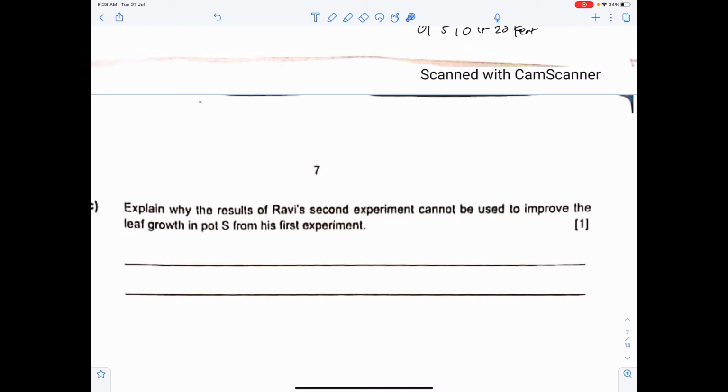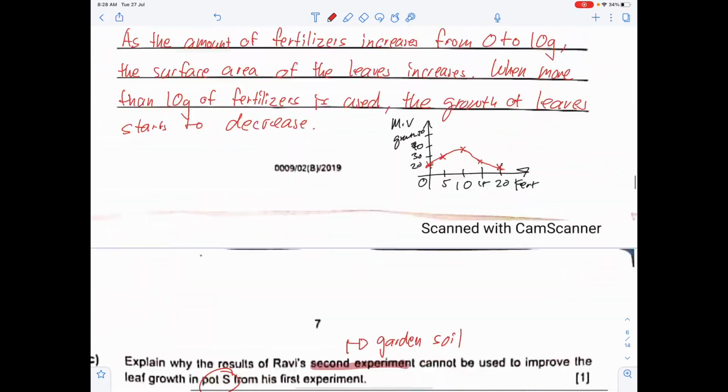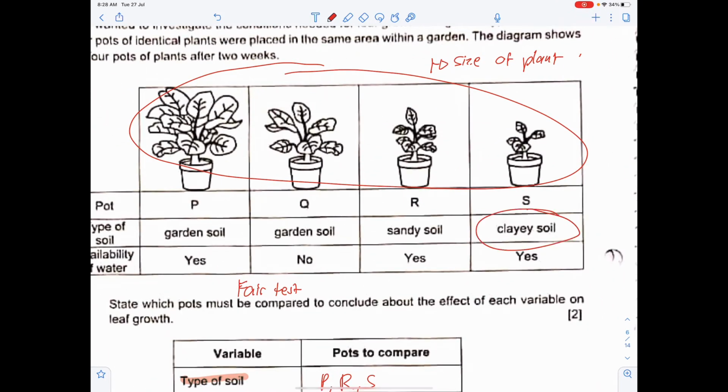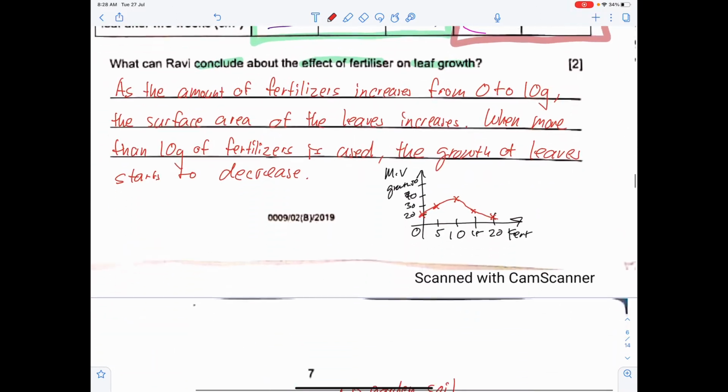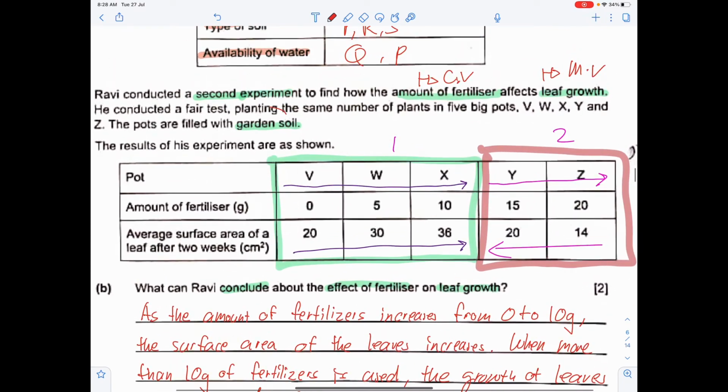Because in his second experiment, he uses garden soil for all, whereas pot S, if you go back up, uses clayey soil. So because the results he obtained use garden soil, they may not apply to the clayey soil.